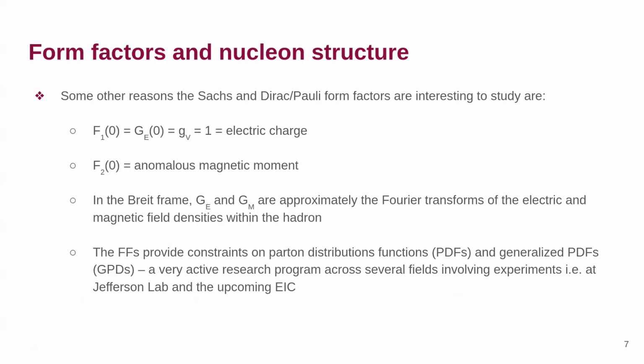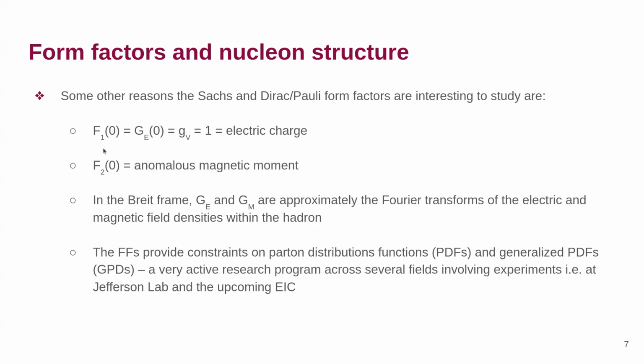Once we have them, they can tell us a number of things. So I've just picked out a couple examples and tried to relate them as well to things that you would have seen before. So for example, in a previous class, you would have looked at extracting the charge of the nucleon, the vector charge of the nucleon.